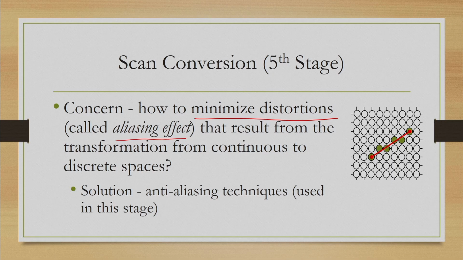So, our concern is to eliminate or reduce the aliasing effect to the extent possible, so that we do not get to perceive too much distortion. To address this concern, several techniques are used which are called anti-aliasing techniques. These are used to make the image look as smooth as possible to reduce the effect of aliasing.